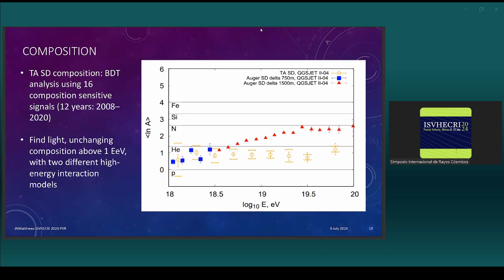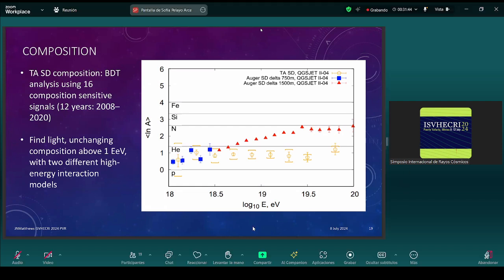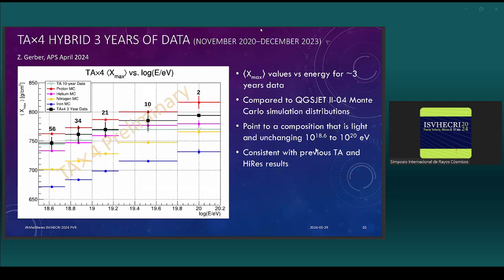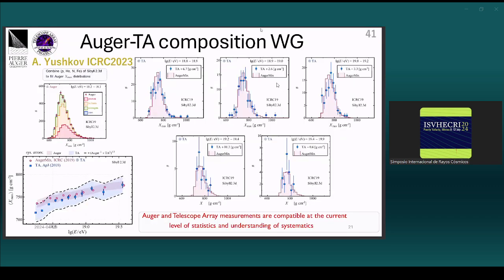Sergey. Just a minor remark. When you speak about similarities or differences, one has to quantify them. If you please come back to the slide from Yushkov, look at the distributions. Actually, it's not too high energies. Look above, not too high energies.